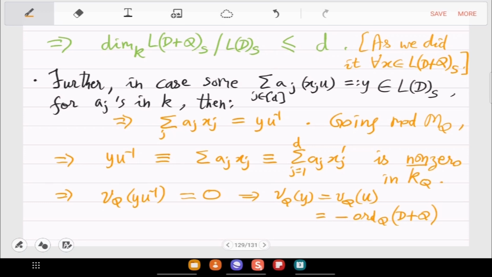And if you assume that y is in LDS, then y should have order at least minus d, but here it's lower.